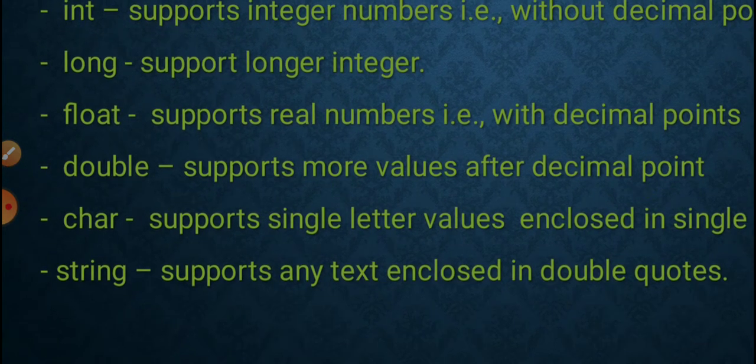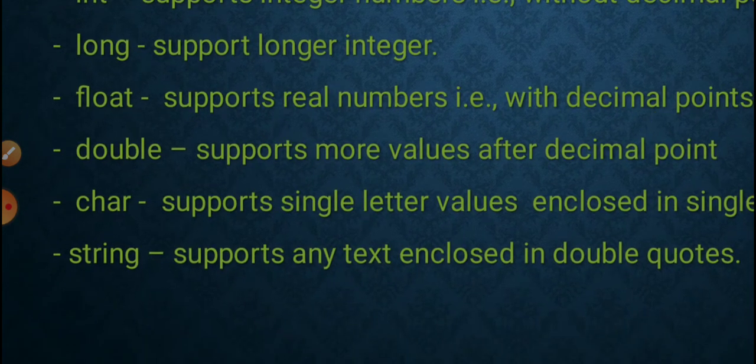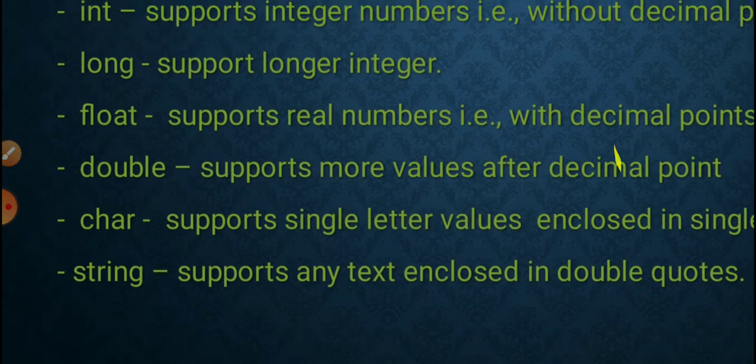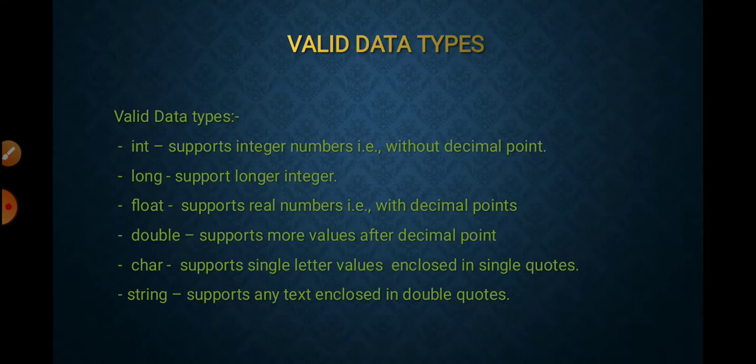The next one is double, it supports more values after the decimal point. And character type data supports single letter values enclosed in single quotation. And string type data supports any text enclosed in double quotes. So these are some valid data types.